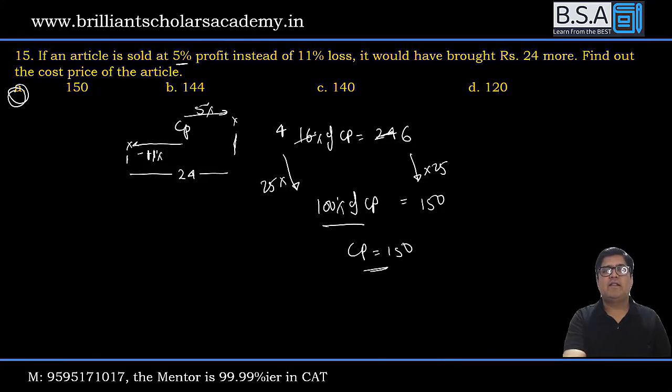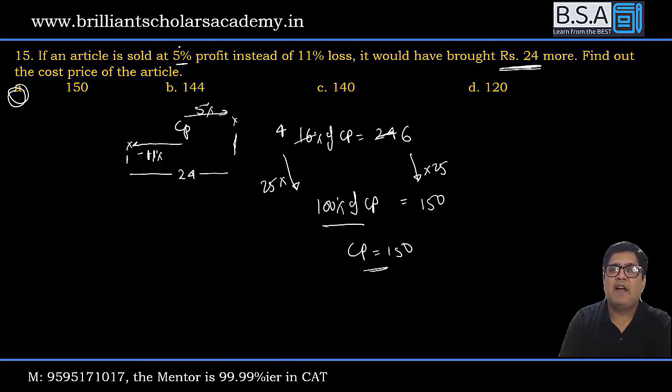This was the only thing I was trying to show you, that you can add and subtract percentage on the same base. Could you do it by assuming 100? Yes, you could have done it by assuming 100 as well. We are saying in one case we are getting 5% extra, in one case we are getting 11% less, and both of them have a 24 rupees gap.